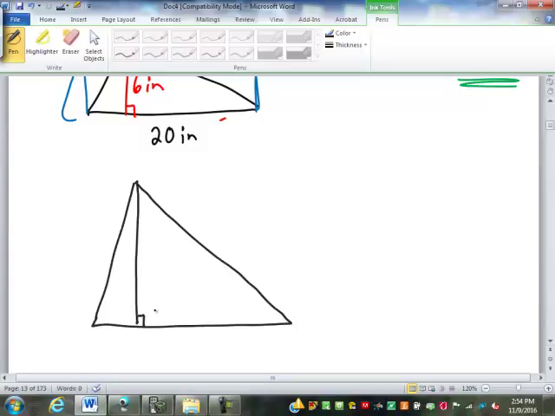So looking at this triangle here, if I tell you that this is 18 feet across the bottom and 15 feet here, find its area for me in your notes.